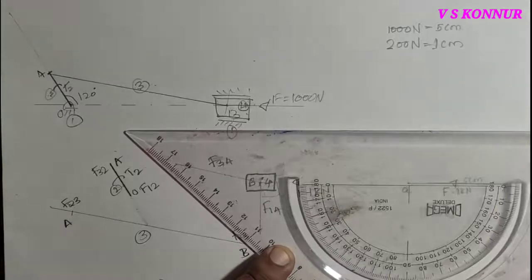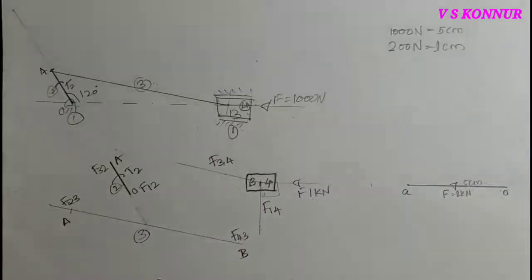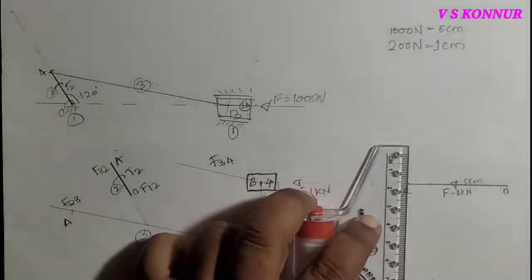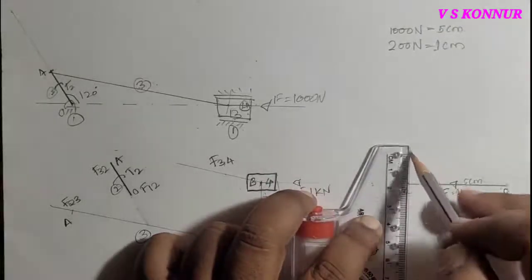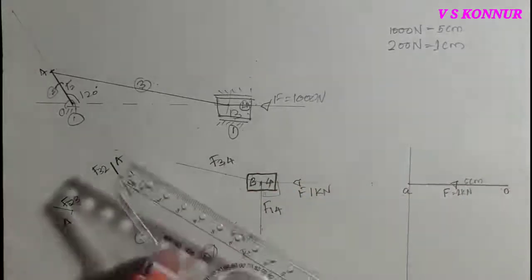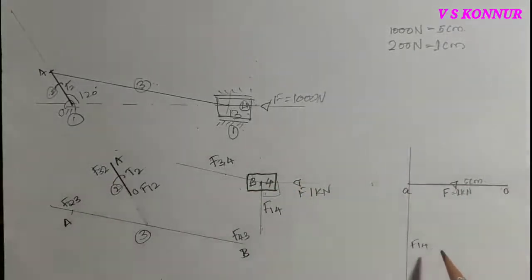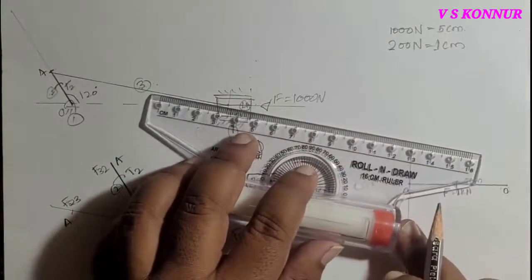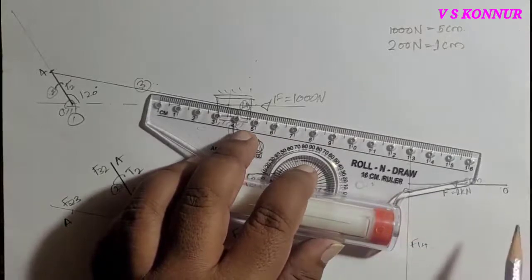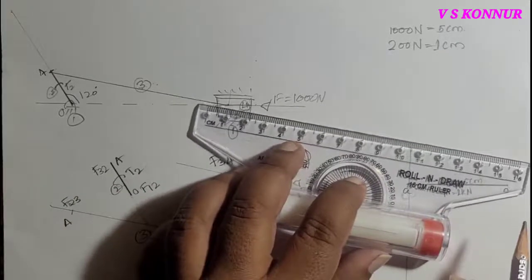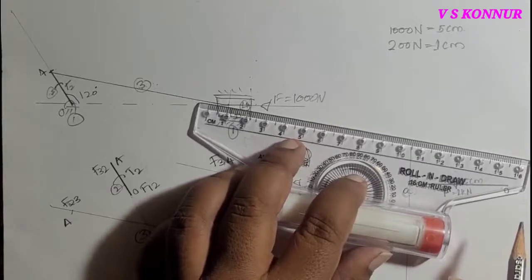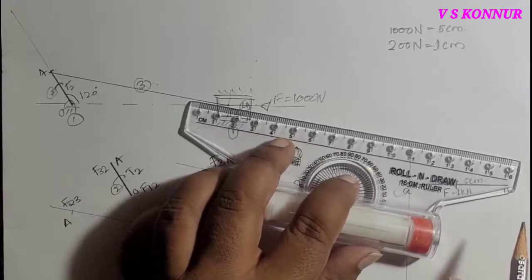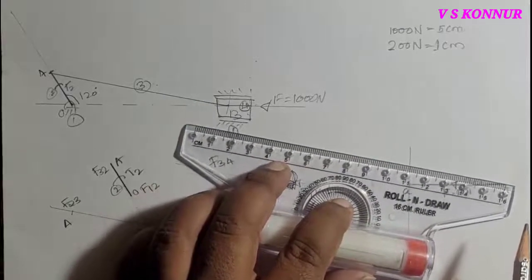So draw the 90 degree line, then extend that line from A point, and then draw parallel to this force, which is called F14. Parallel to this you have to transfer from another place, that is from O. From A I have transferred F14, from O you transfer a line parallel to the third link.